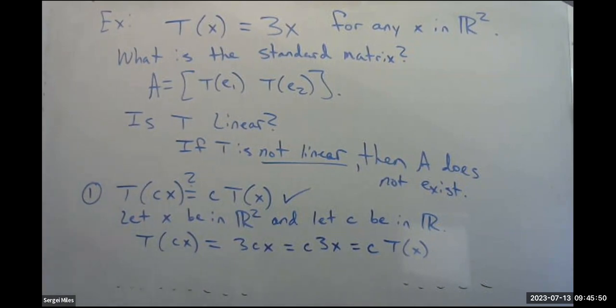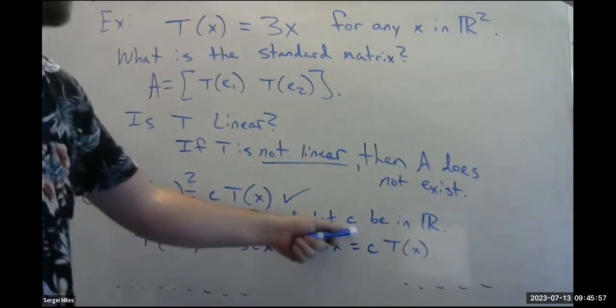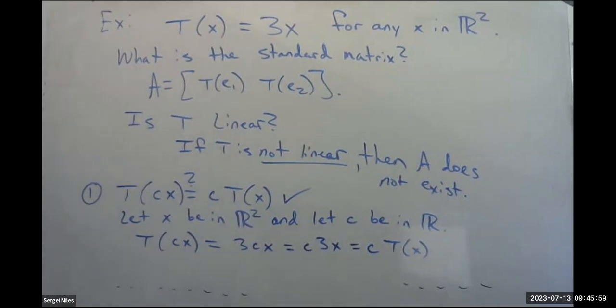So when you're trying to check for linearity, you have to pick an arbitrary vector x and an arbitrary constant. You can't pick a specific x and say, oh, look, it works for this one example of x. That's not a proof. To prove it's linear, you have to think about an arbitrary vector x. I don't know what this vector x is.